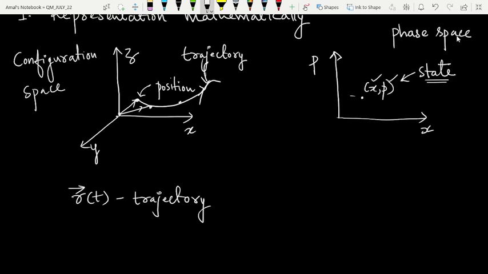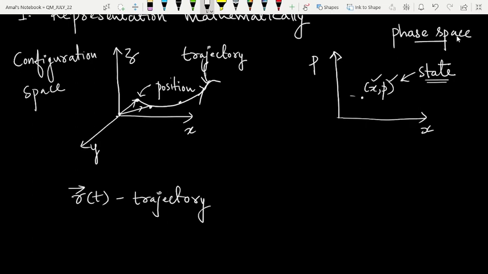We cannot predict the trajectory or final state of a particle only by knowing the position. This point gives only the position of the particle, but that is not sufficient to calculate the trajectory or the final state of a particle at a later time. So we need a point in phase space.